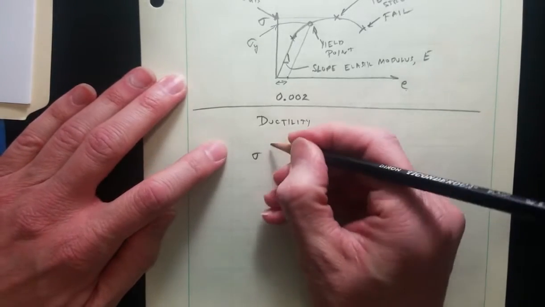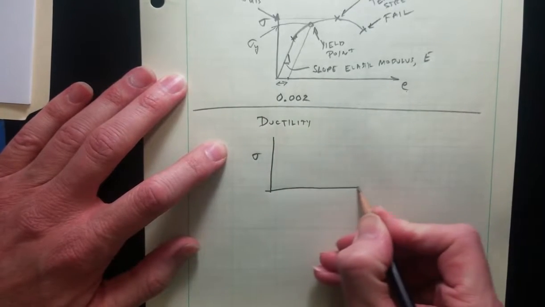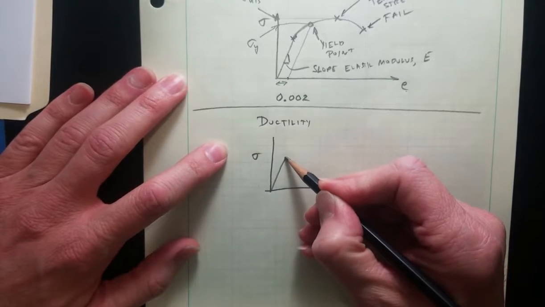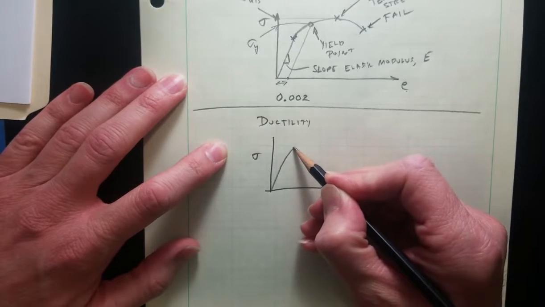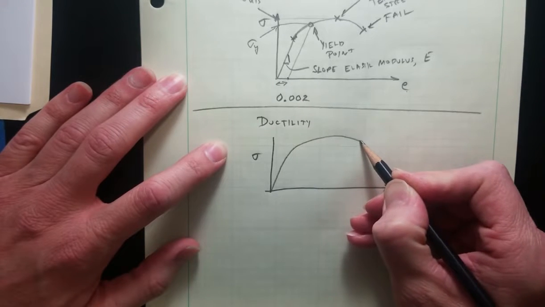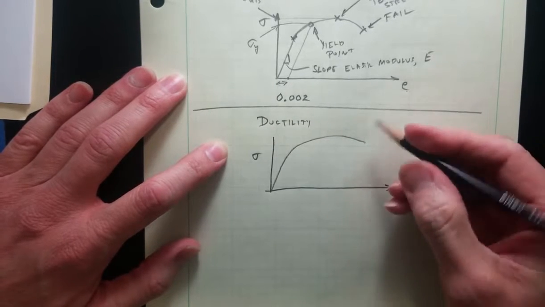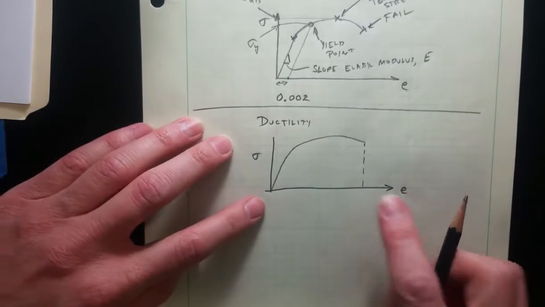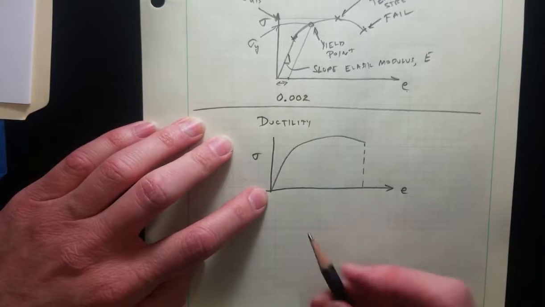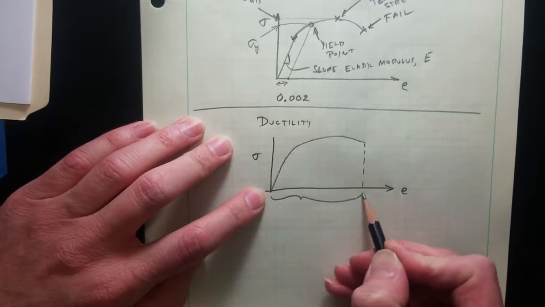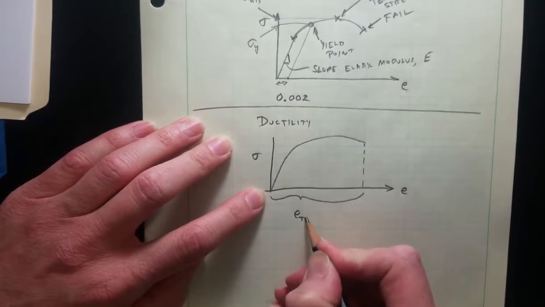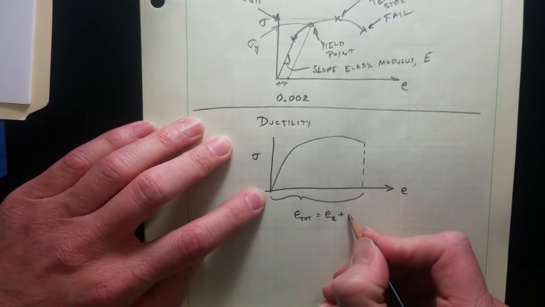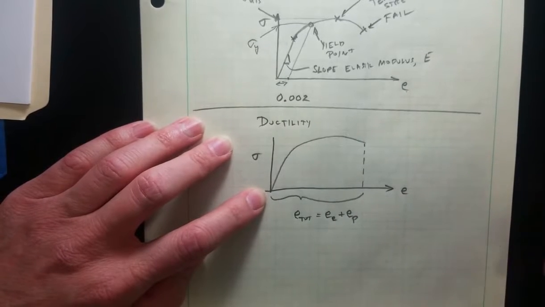So if we have stress versus strain, it goes up, we've got our elastic, turns into plastic, and right here, just before failure, we could come down and we could say that there's a certain amount of it that is coming from the elastic contribution and a certain amount coming from a plastic contribution.